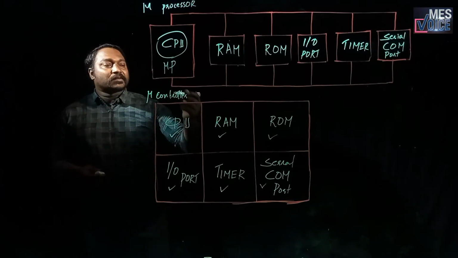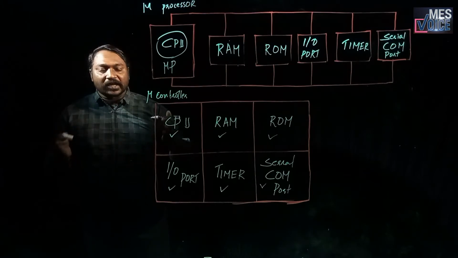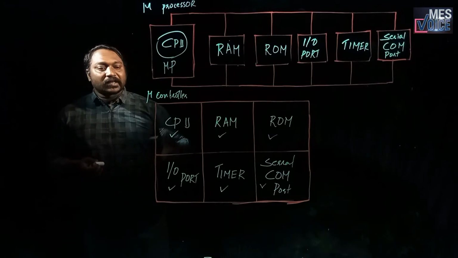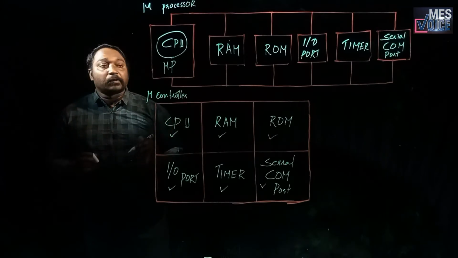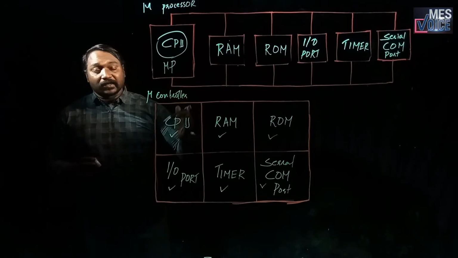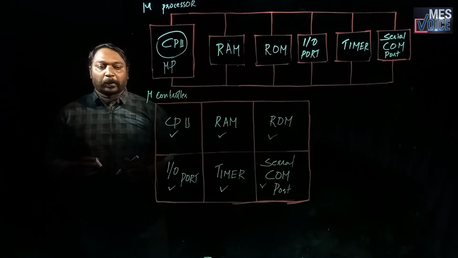In a microprocessor system, there is a lot of RAM, in the range of gigabytes or megabytes. But in the case of a microcontroller, the RAM is very much less compared to a microprocessor system, in the range of bytes or kilobytes.